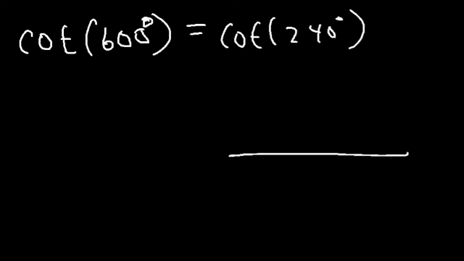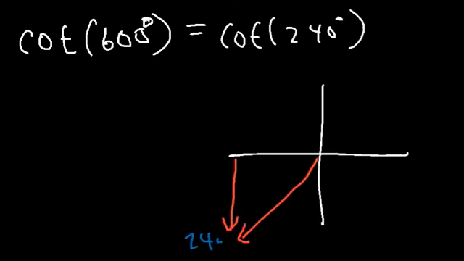So let's draw the triangle. So 240 is somewhere over here. And it differs by 60 from 180. So we have a 30, 60, 90 triangle. This is negative 1, negative root 3, and 2.